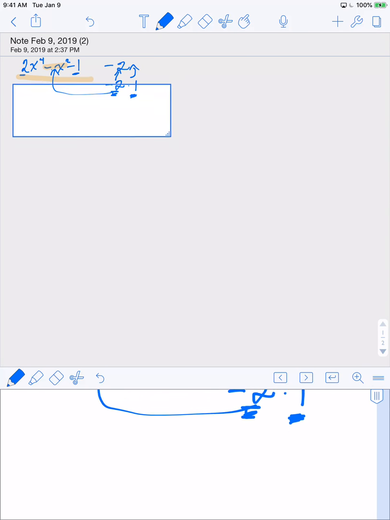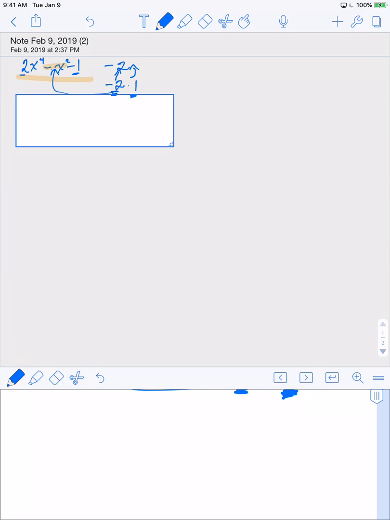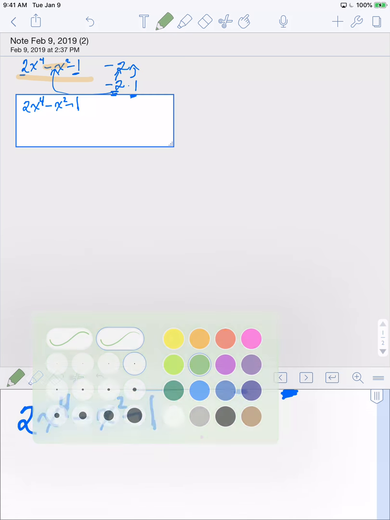Let me rewrite this as 2x to the 4th. Actually, let me put the original one up so you can still see it. So this is what I had, and this is what I now have.